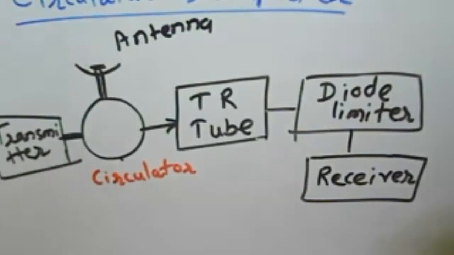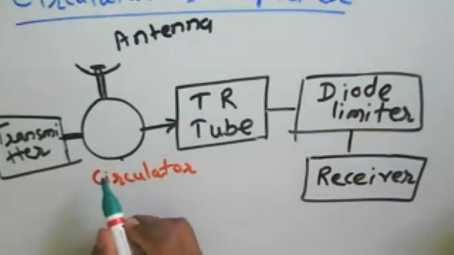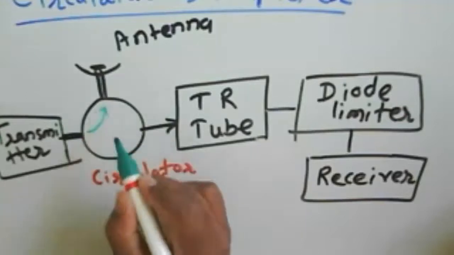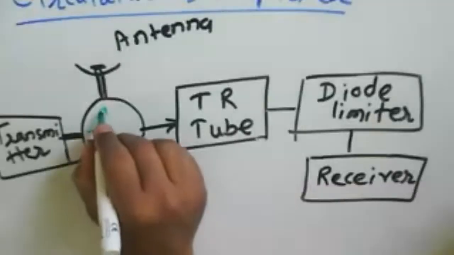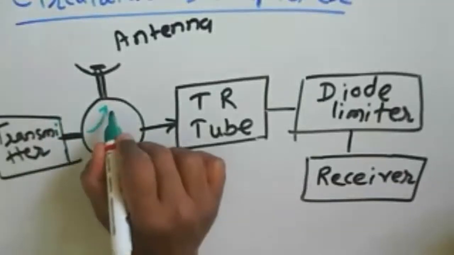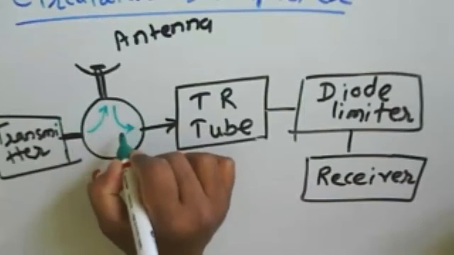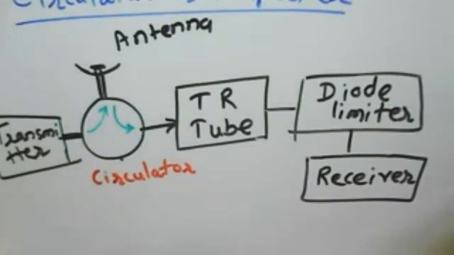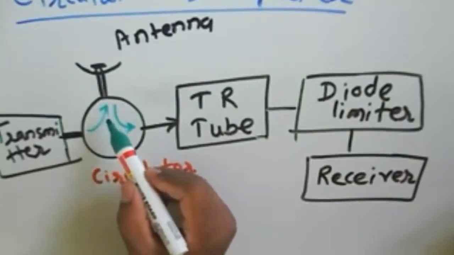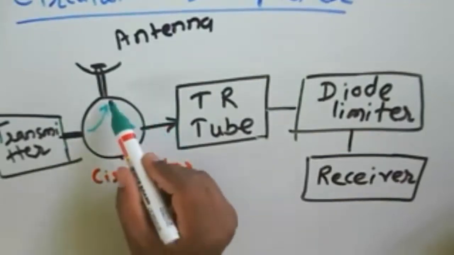And how does the circulator work? At the time of transmitting, the signal propagates toward the antenna. Then the antenna transmits the signal into space. At the time of receiving, the signal propagates to the receiver node. Only one-way transmission takes place, from the transmitter to the antenna, then from the antenna to the receiver.